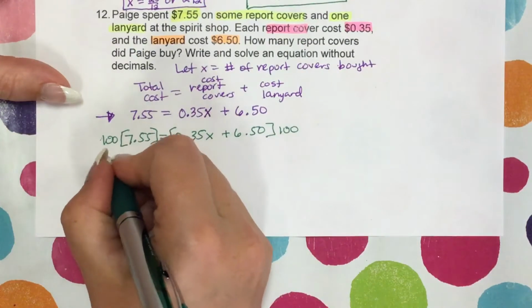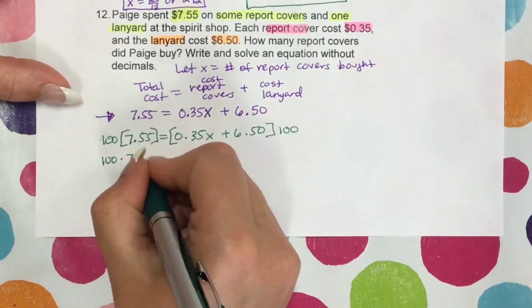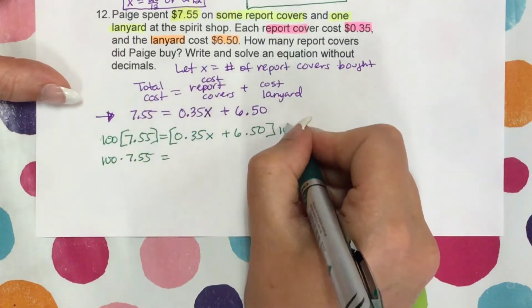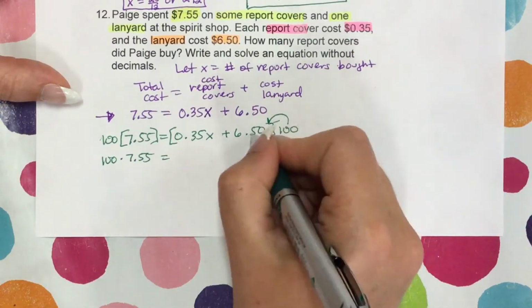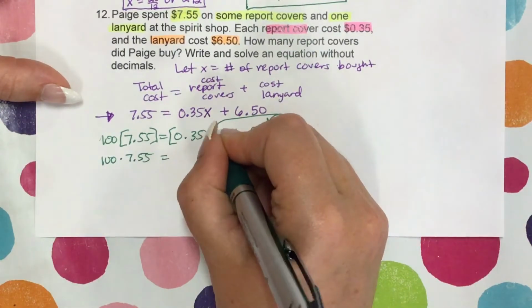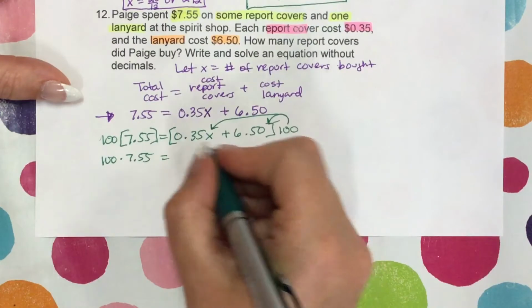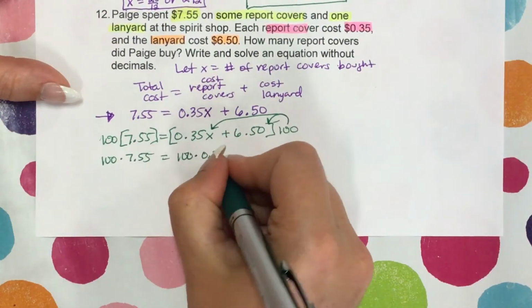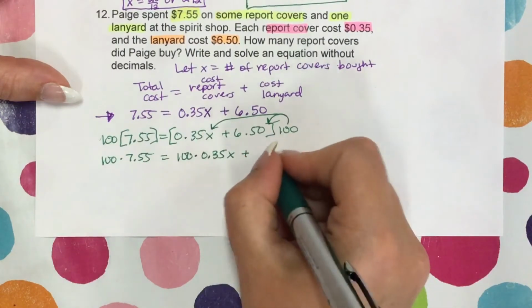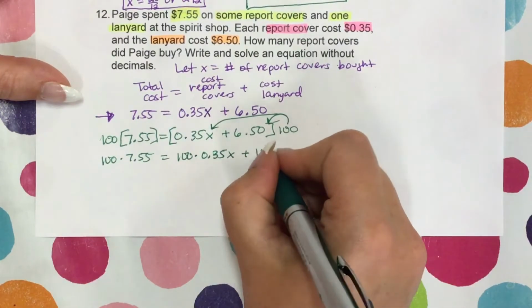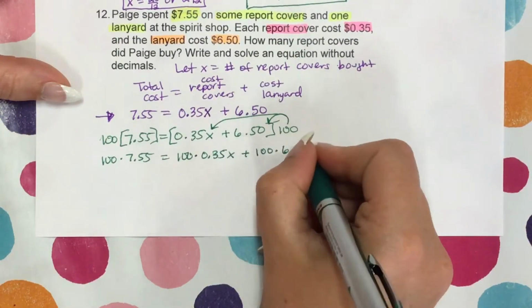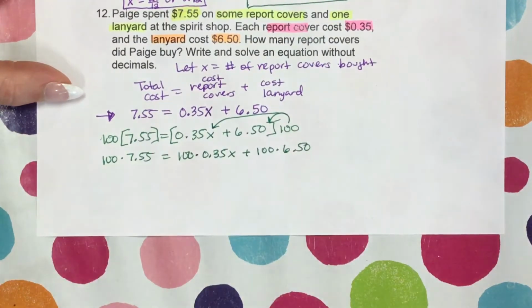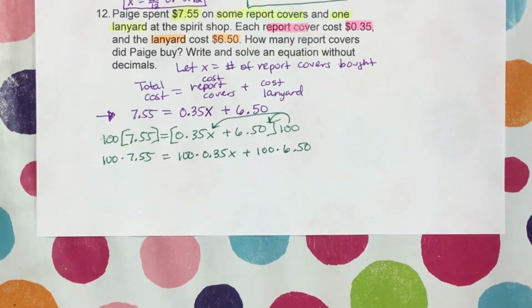So we're going to go 100 times 7.55 equals, and then we're going to use the distributive property here, 100 times 0.35x plus 100 times 6.50, like that.